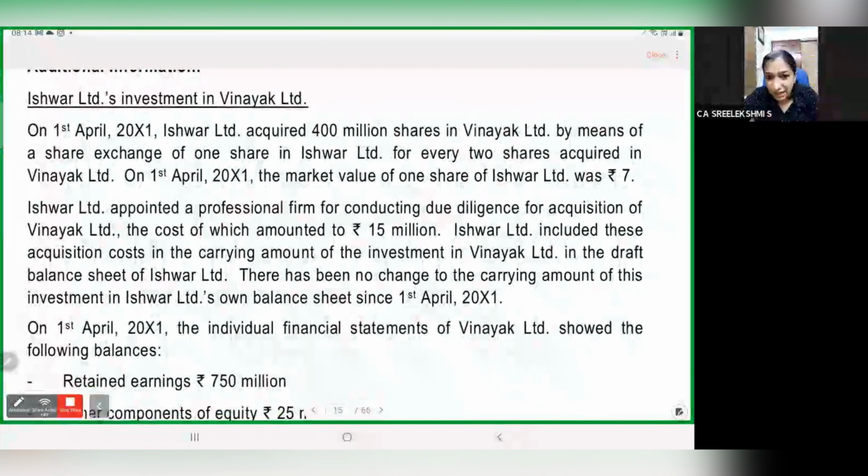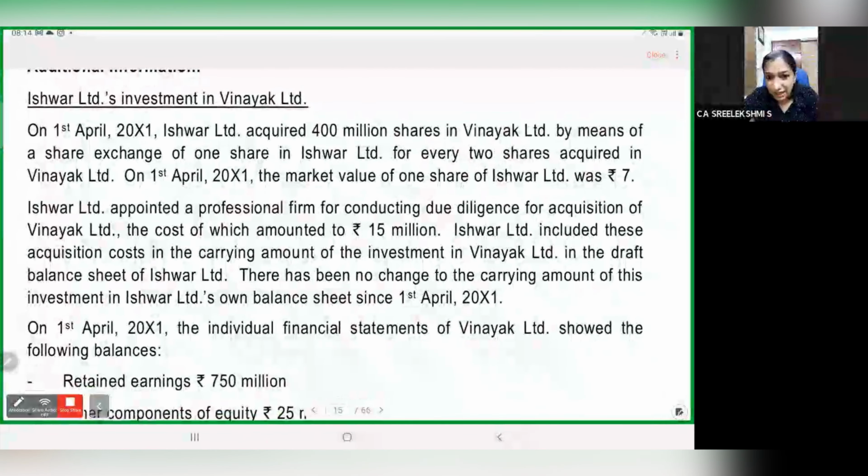First, November 23 RTP, question number 4. Okay. Steps in consolidation. 1. Date of acquisition. What is the date of acquisition?